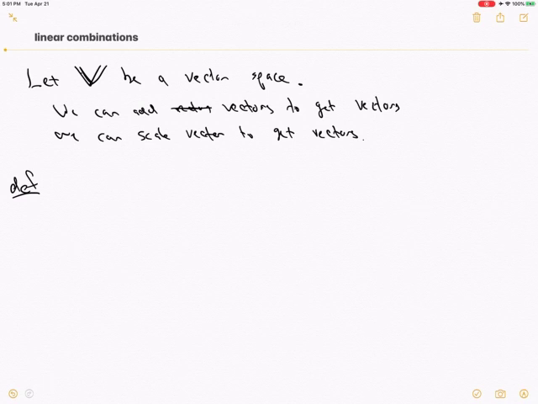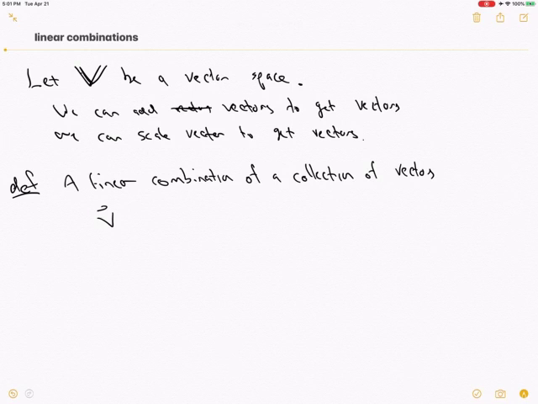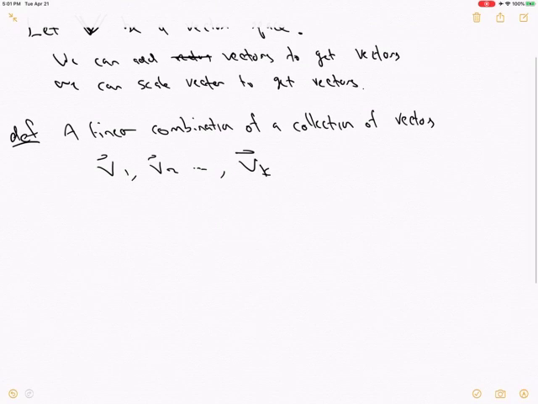So a linear combination of a collection of vectors. If you give me a bunch of vectors, say you give me k different vectors, then I can scale each vector.